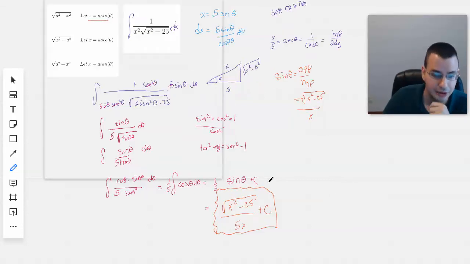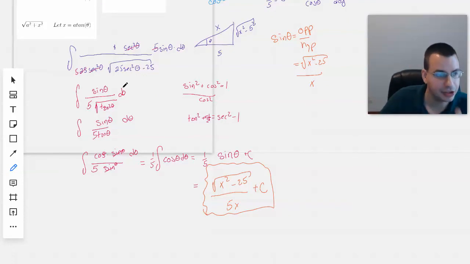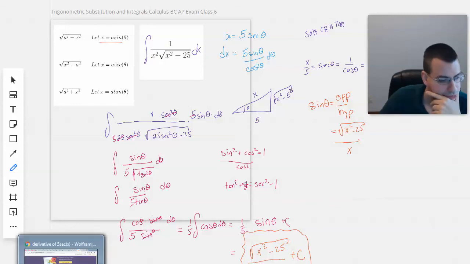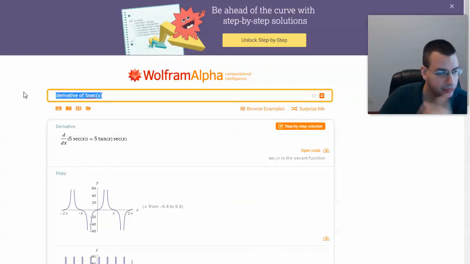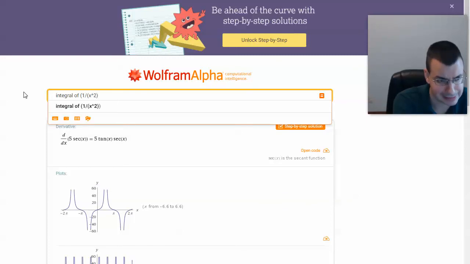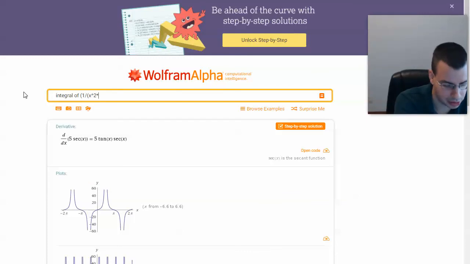Okay, now I'm going to verify real quick just to make sure I didn't go completely out of line. So let's remember, what was the x squared minus 25? Integral of 1 over quantity x squared times square root of quantity x squared minus 25.